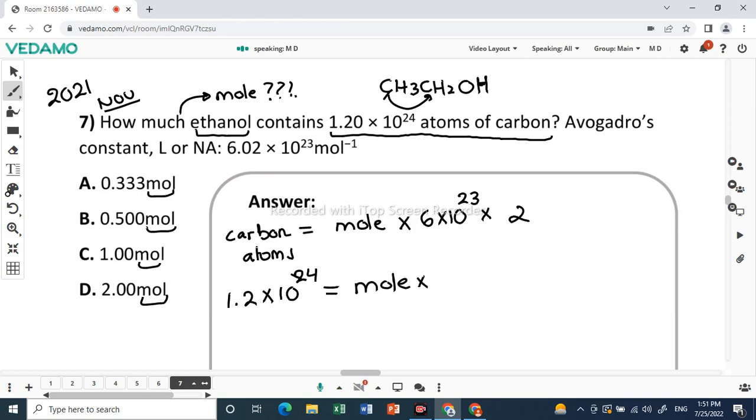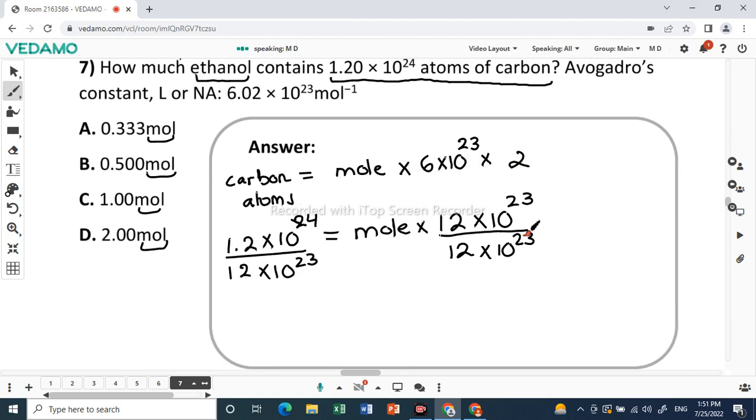6 times 2, it's a 12, multiplied by 10 to the power of 23. Now you need to divide 12 times 10 to the power of 23 over 12, 10 to the power of 23. How can we find now the mole number? So let's apply math another time.